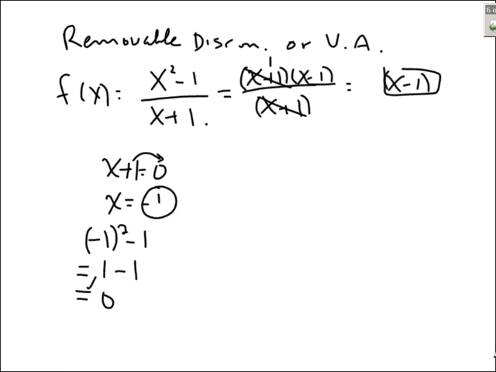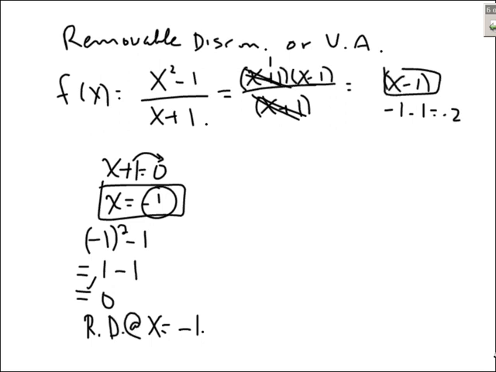So we now say we have removable discontinuity at x equal negative 1. Okay, this made the bottom 0. If after we factor and we cross out, we plug in negative 1, if we get back an intelligent answer, like negative 1 minus 1 is negative 2, it's removable.